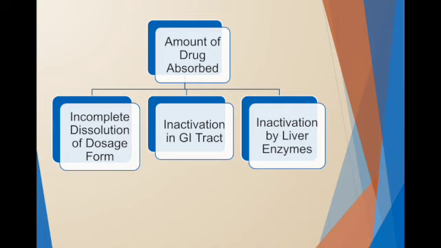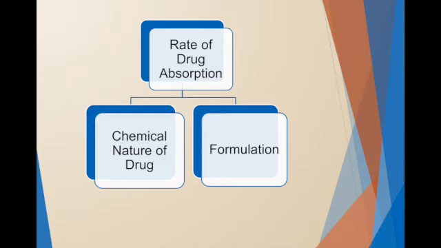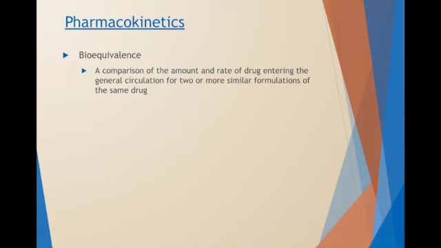After it's absorbed, the drug goes through a process called first-pass metabolism, and you'll have some inactivation of the active drug by the gastrointestinal tract and the liver. And depending on the route of administration and the formulation, you might end up with varying degrees of effect from the first-pass metabolism.